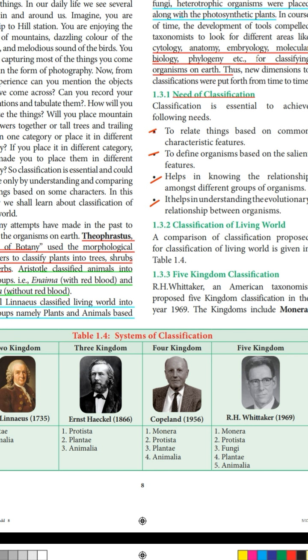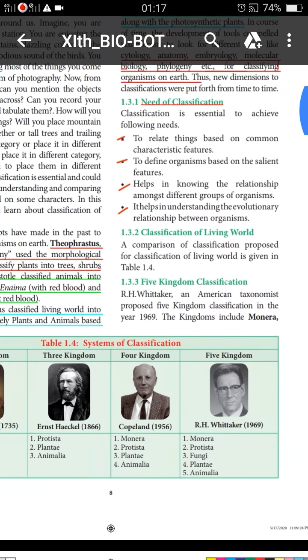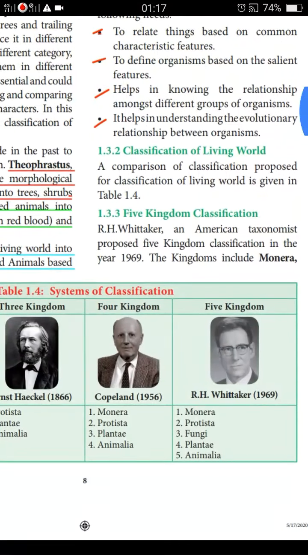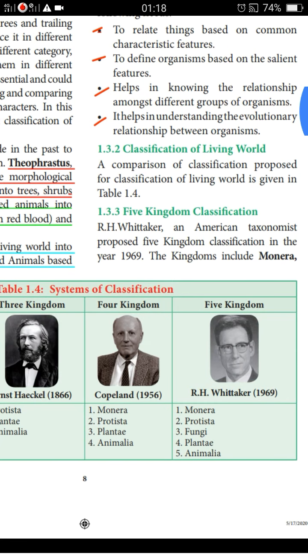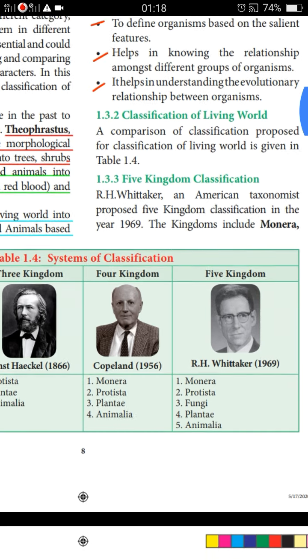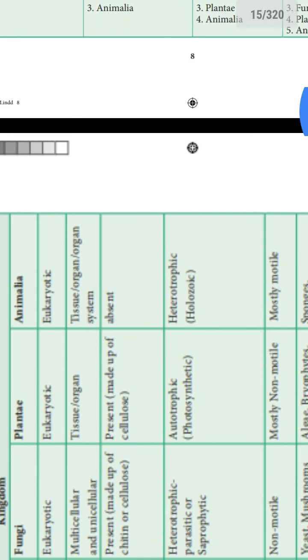In our syllabus, we are going to study the five kingdom classification in detail. It was given by R.H. Whittaker, an American taxonomist, in 1969. It included kingdom Monera, Protista, fungi, Plantae and Animalia.